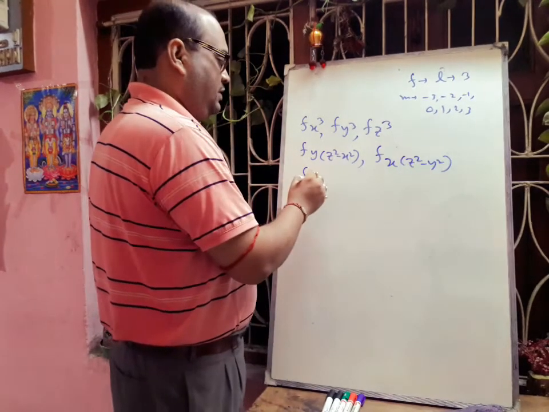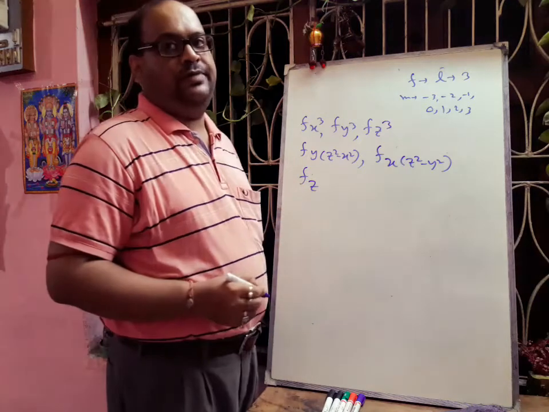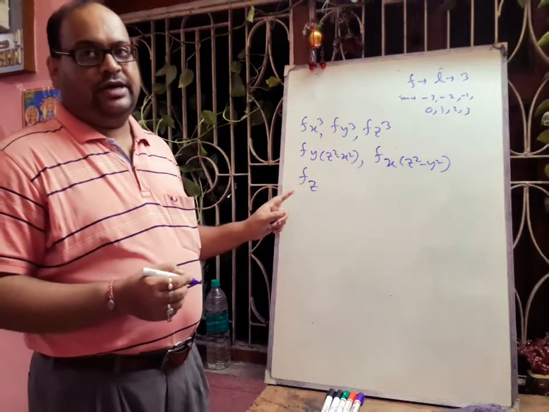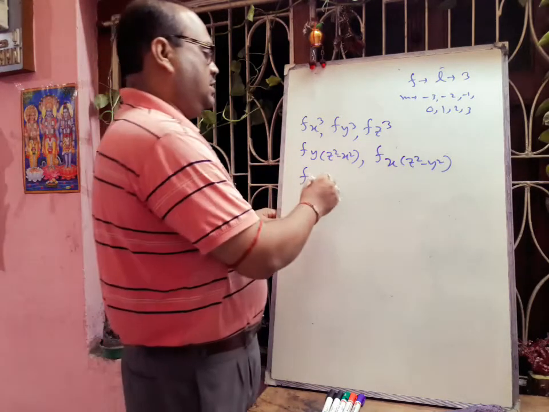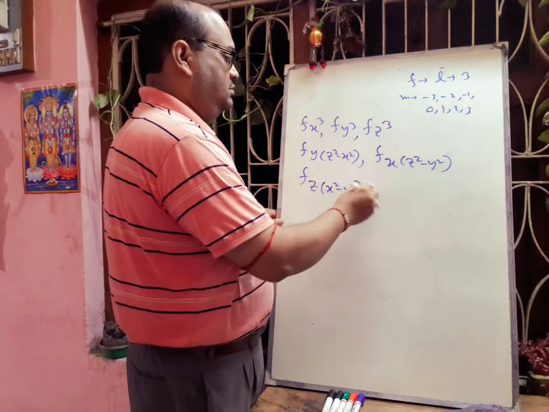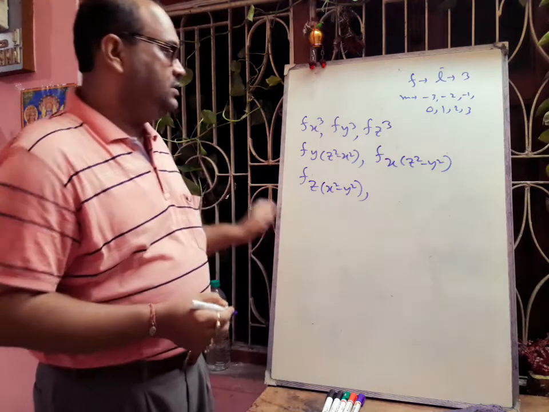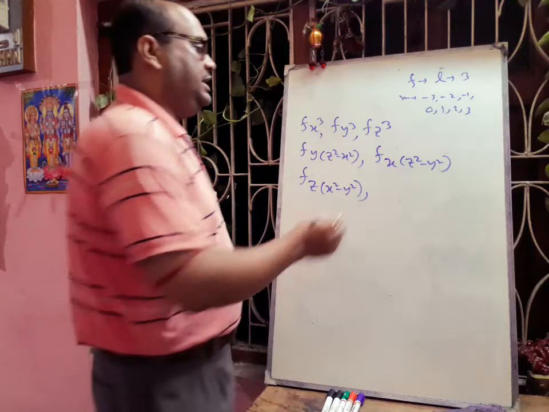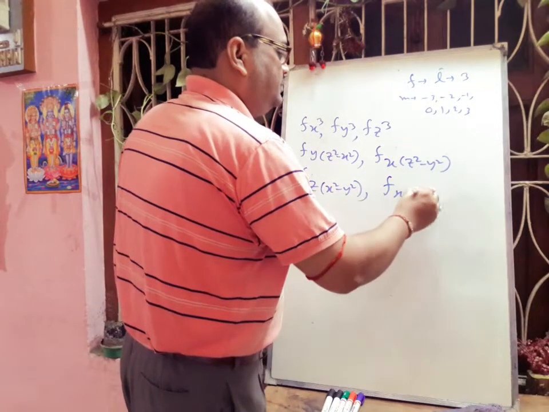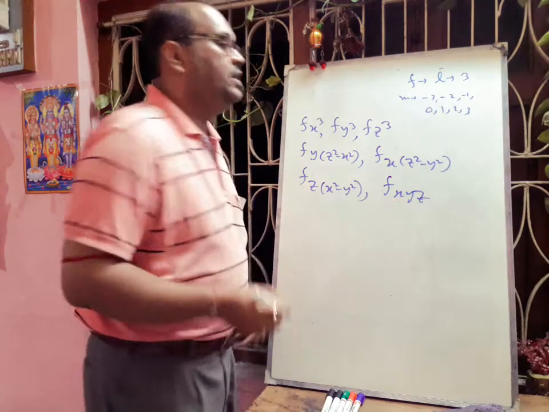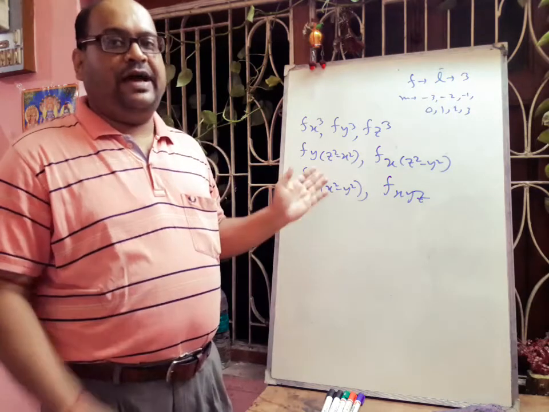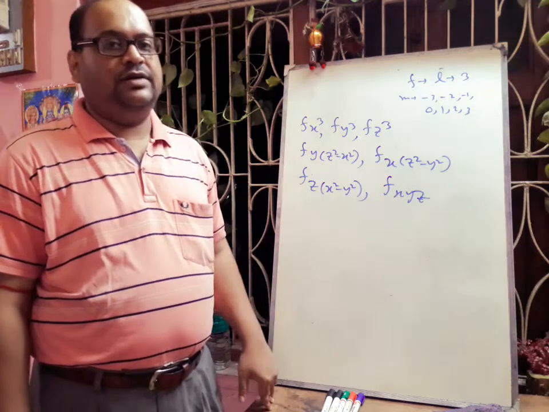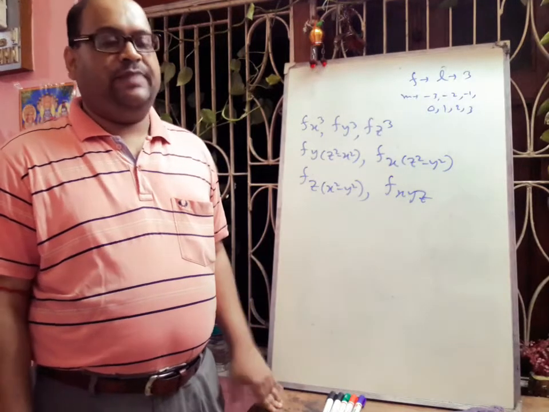Next fz, xyz, z x square minus y square. And one more left, that will be the fxyz. So these are the f orbitals and their shapes are very complicated. We need not draw them here. Up to d orbital we will practice.